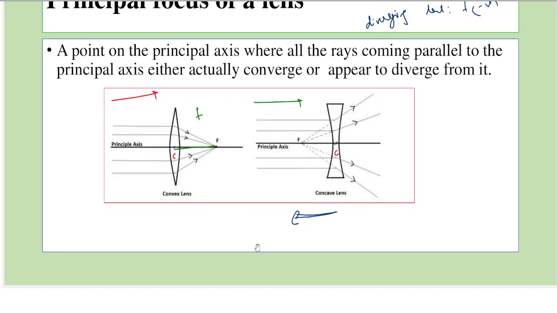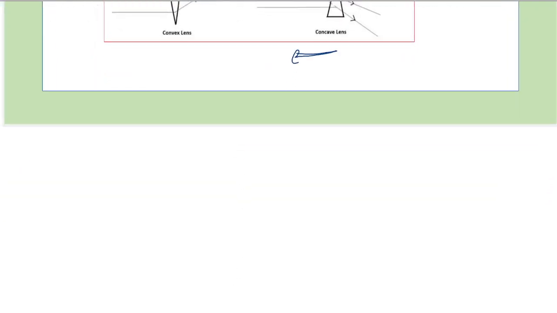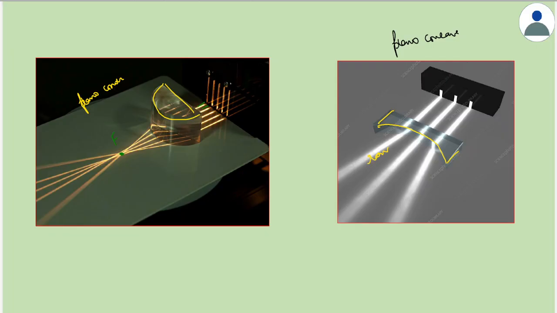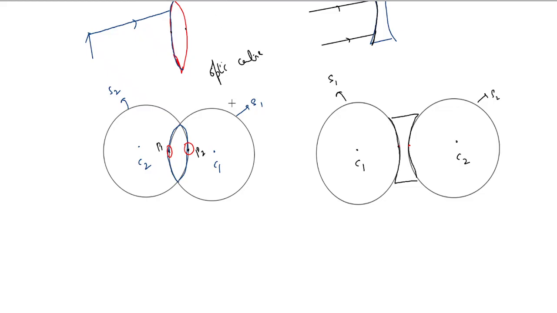Now we'll see what about C1 and C2. We saw that this is a part of two spheres. You can think of a convex and a concave lens as part of two spheres.